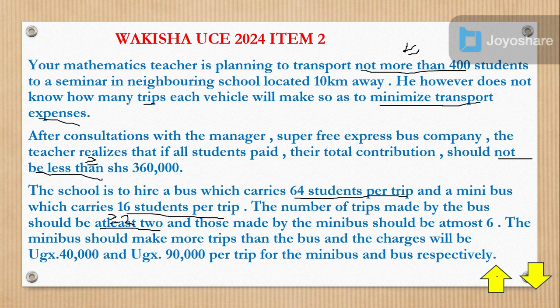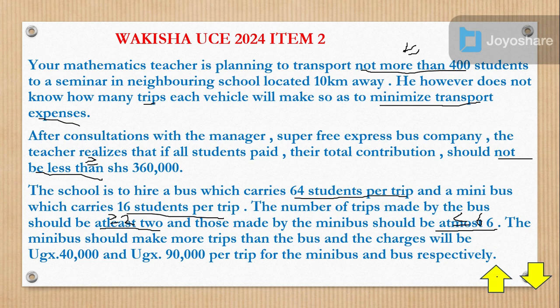That's what it means. And those made by the minibus should be at most 6. Now the word at most means less than or equal, of course, to 6. That's what it means. The minibus should make more trips than the bus.